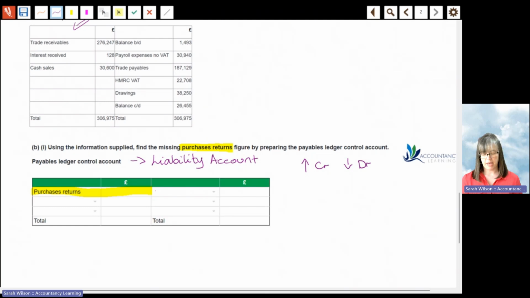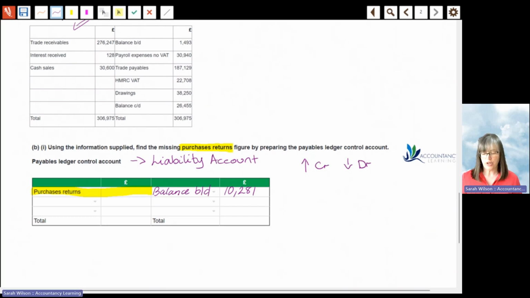So it's going to be our credit, and it's going to be 10,281. So in the exam, you'll be able to click on those little arrows and it will bring up a little list of descriptions for you to choose from.